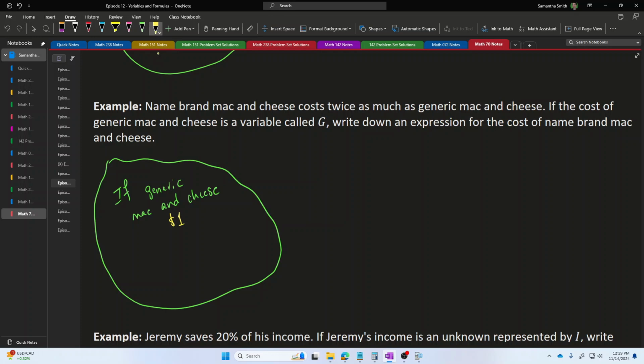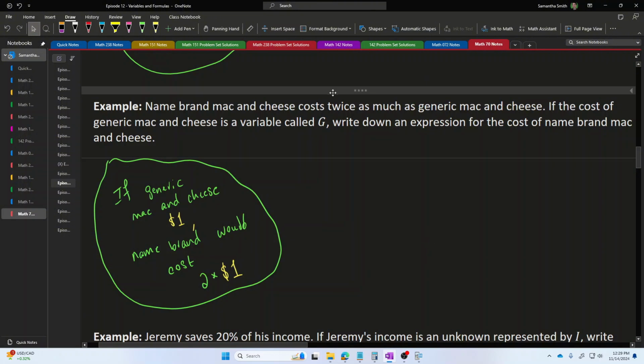If generic mac and cheese costs $1 and the name brand is supposed to cost twice as much as that, then the name brand would cost 2 times that $1, right? Twice, the keyword twice, means multiply by 2. The cost of the name brand in this particular case would be 2 times that $1.